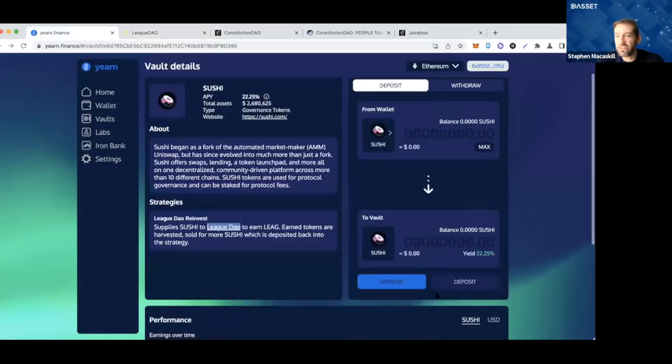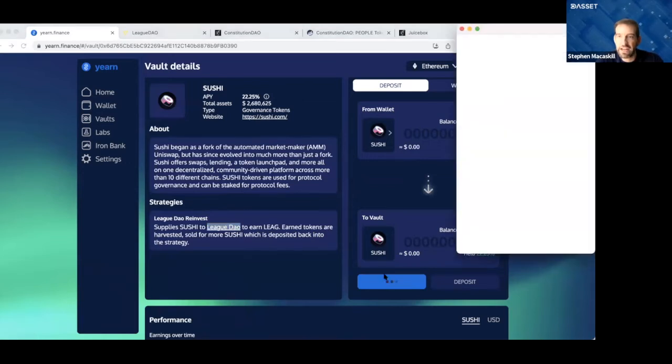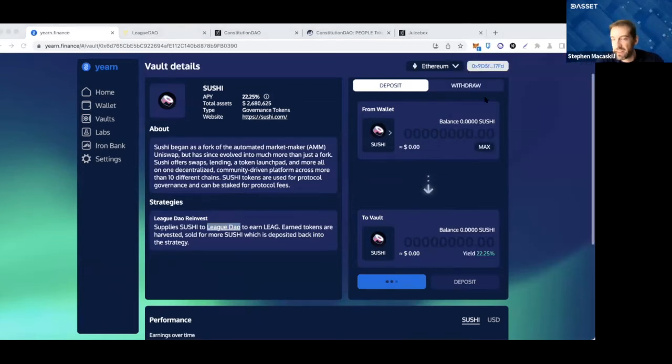So I'm not going to deposit Sushi, because the first thing I have to do is actually buy some, and then I'd have to approve it. The transaction fees on Ethereum, although they're lower right now, cost me about $150 to $200 to actually interact with these smart contracts, and then I'd have to pull out the funds.